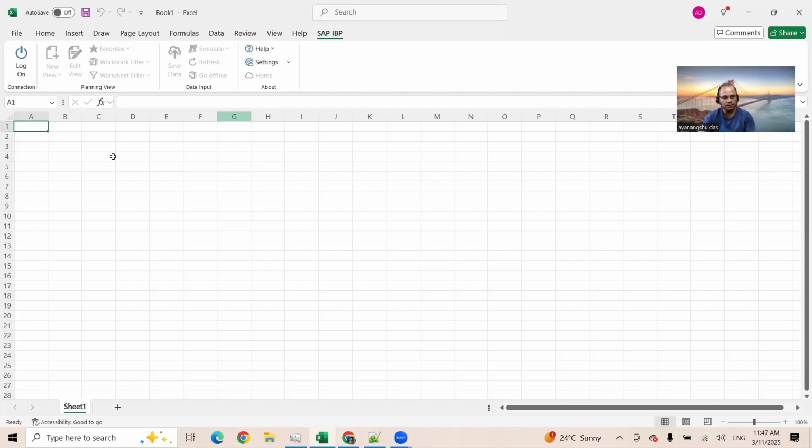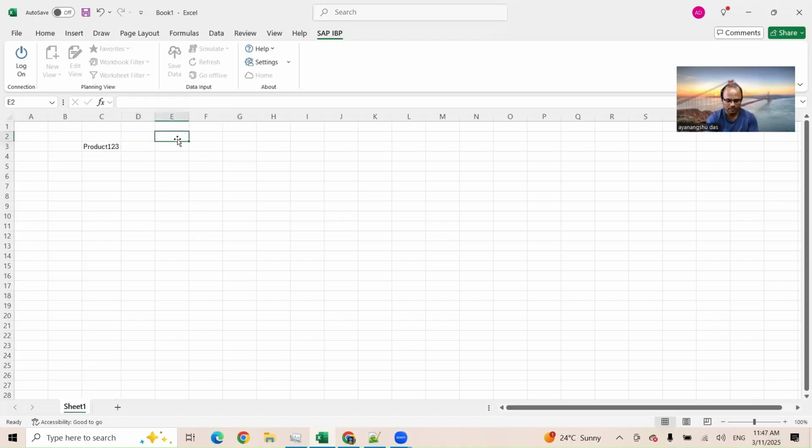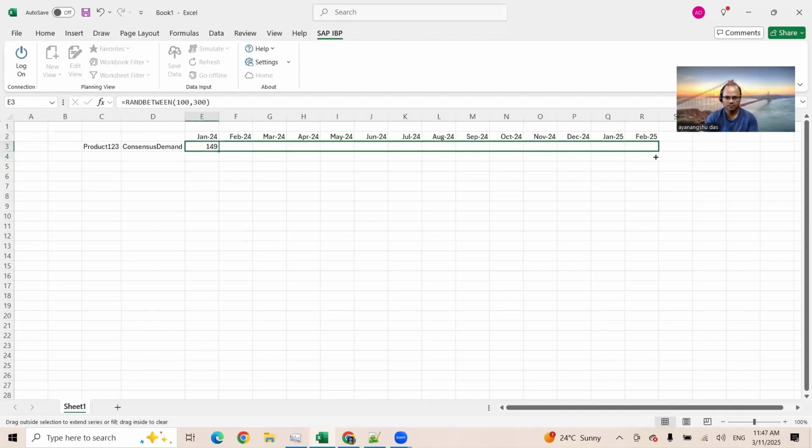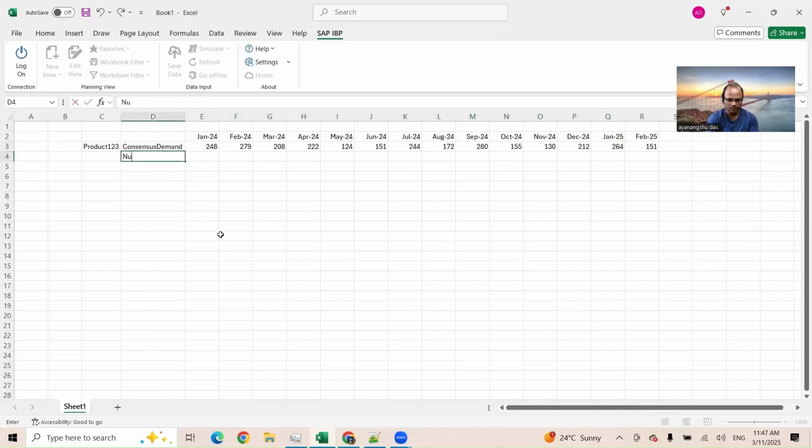What I mean by this is, suppose this is product 1 to 3, and we have the consensus demand. And then we have the number of working days.